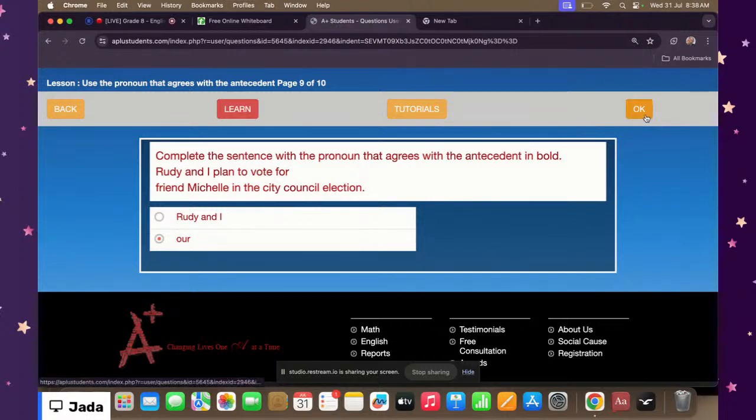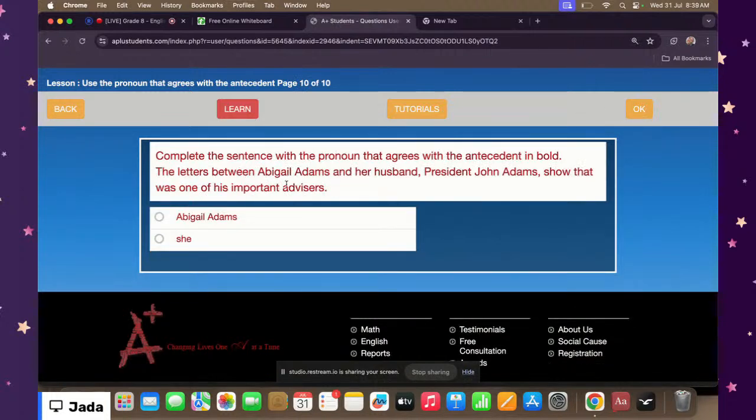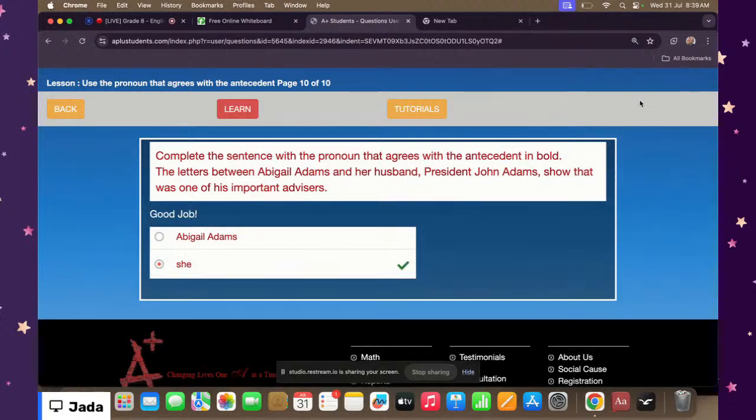The letters between Abigail Adams and her husband, President John Adams, show that she was one of his important advisors. Okay? All right, so you have to make sure that you complete this test if you've not done that.